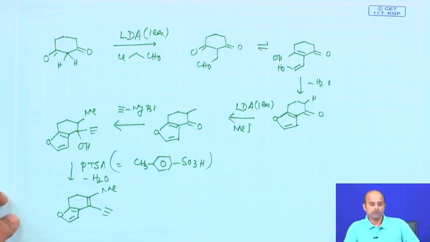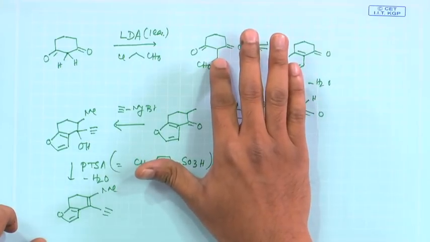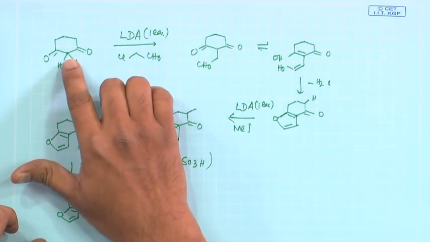So, the entire pathway of this complex molecule, which looked a bit complex at the beginning, we tried to do with a very methodical, strategic approach, where stepwise retrosynthetic disconnection helps you go in the reverse direction to come to the starting material which was given.